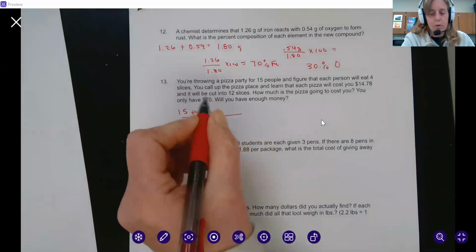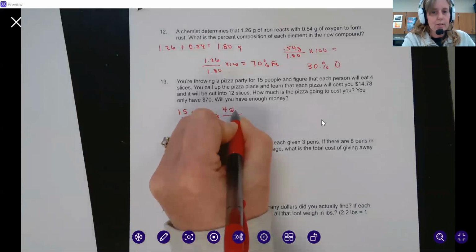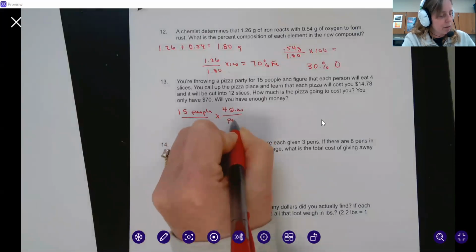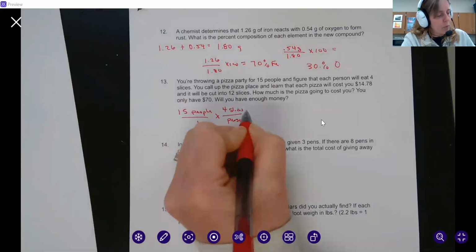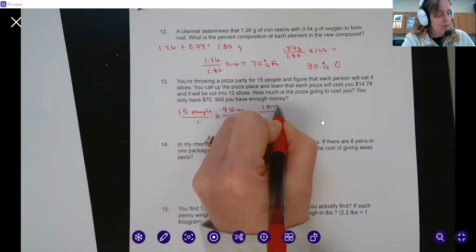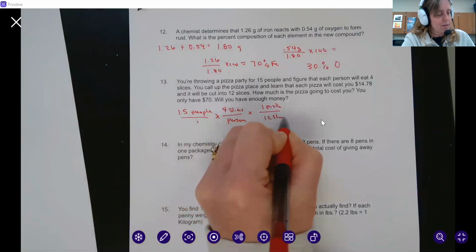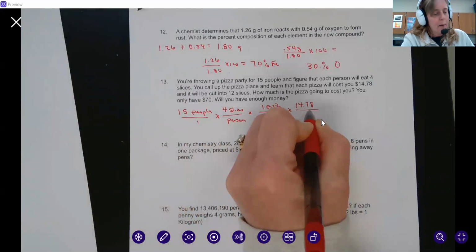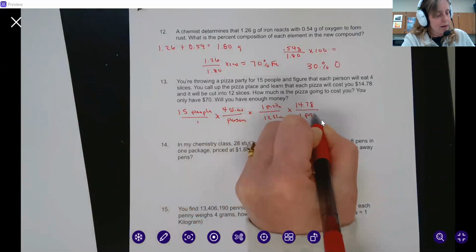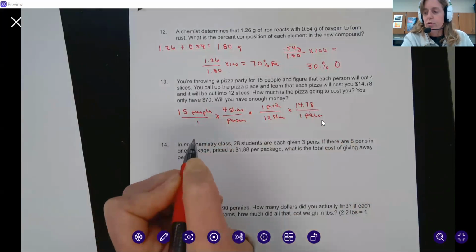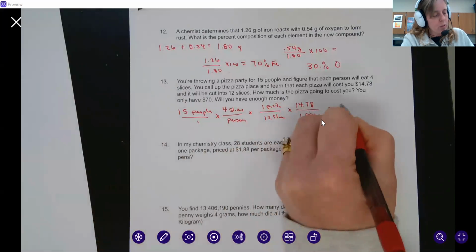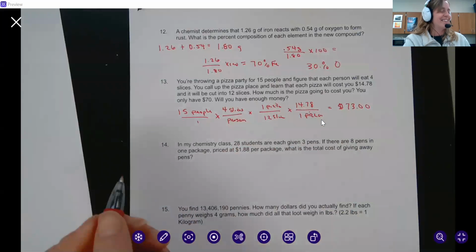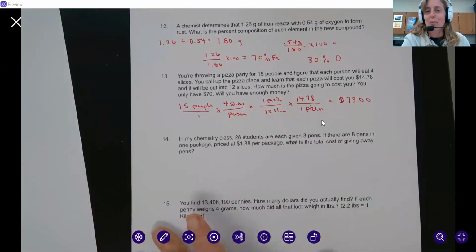And you know that you get 4 slices for each person, and that one pizza has 12 slices. And then the pizza costs $14.78 for one pizza, right? So the total cost is going to be $73. Do you have enough money? No. Okay, so not enough money. Better get some more money.